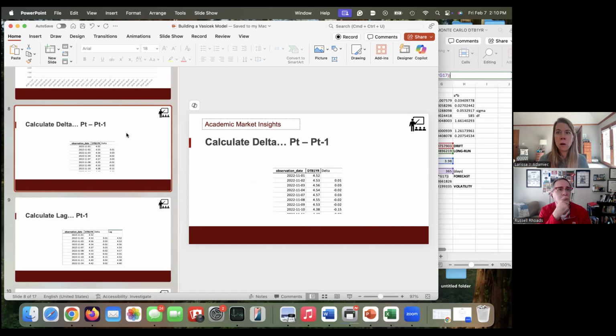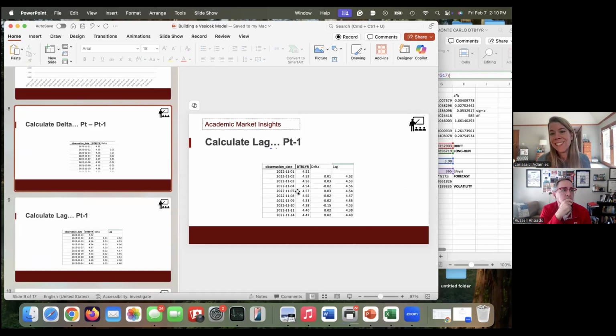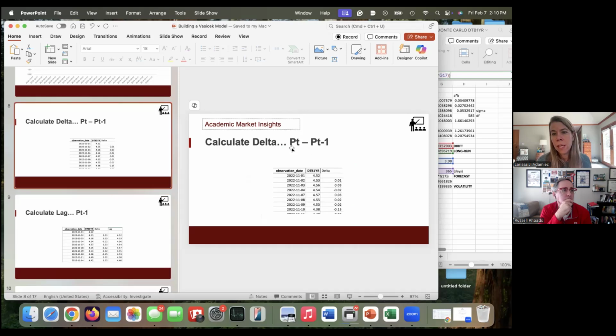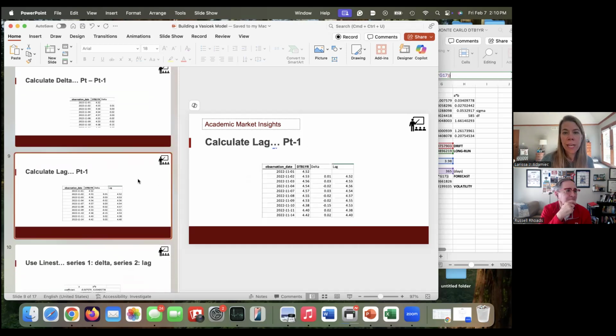If we don't, we could have arbitrage opportunities, and once that happens, we can't rely on any of these pricing models. So we're using that as an assumption. Our delta is the price today minus the price yesterday. Easy peasy. And then we're also going to calculate our lag, which is yesterday's price.